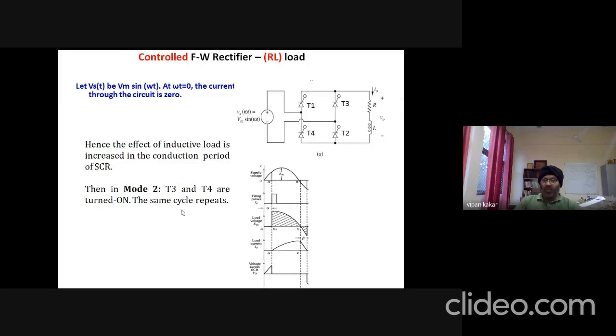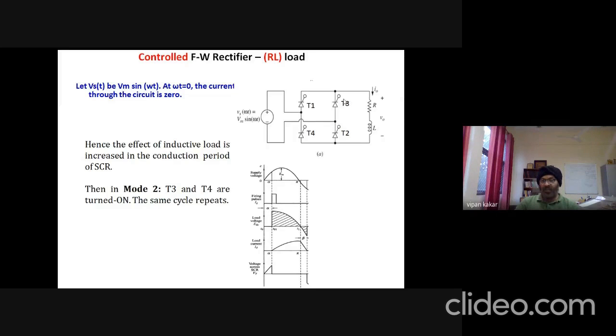where mode 2 starts, and T3 and T4 are now triggered in the negative half cycle. Because all the energy is dissipated from this inductor, the current goes to zero. Now the new cycle starts, and this negative polarity will make these thyristors forward biased.